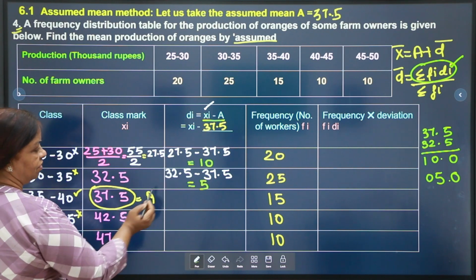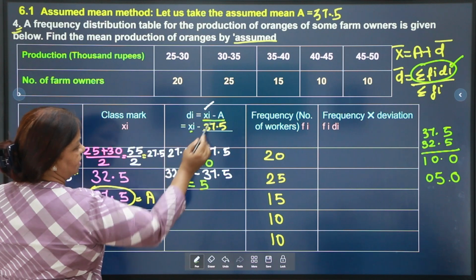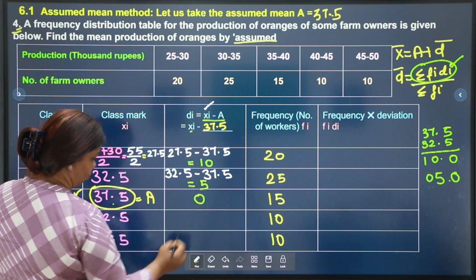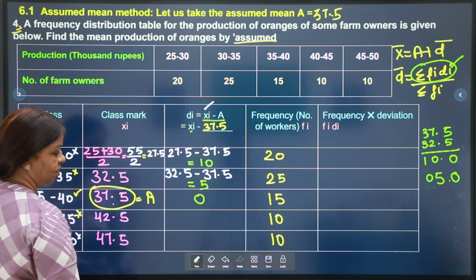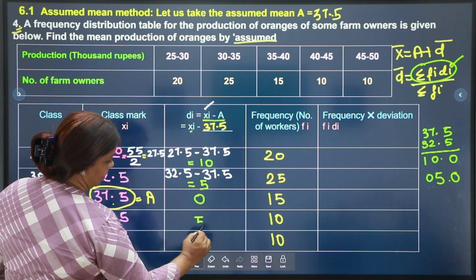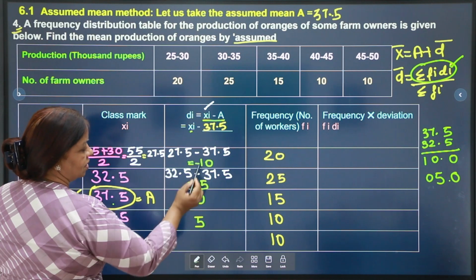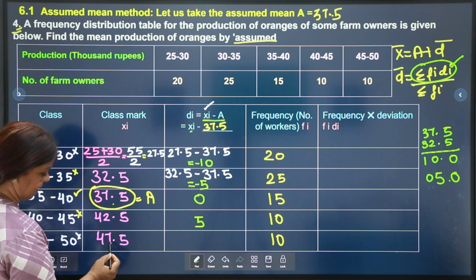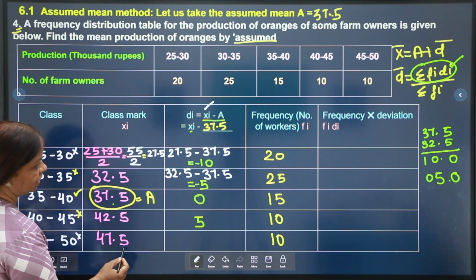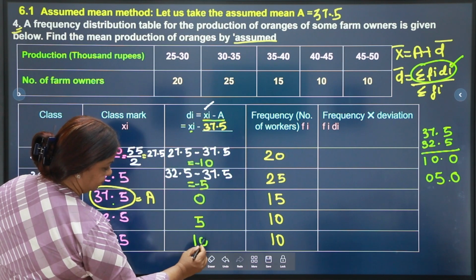And 37.5 minus 37.5, xi value is 37.5, na? Minus 37.5 will be 0. So 42.5 minus 37.5 will be 5. This one will be minus, children, sign of the greater number, and this one will be minus 10. 47.5 minus 37.5 will be plus 10.